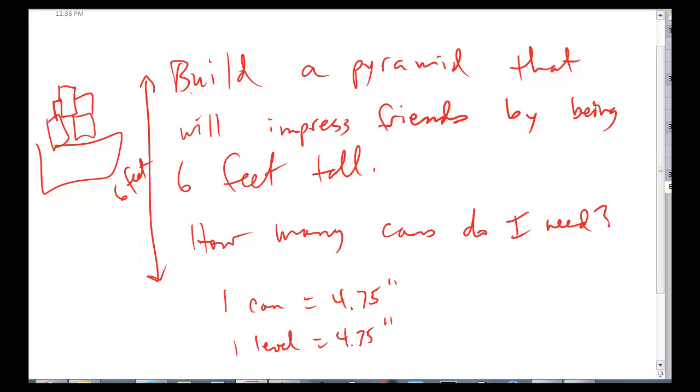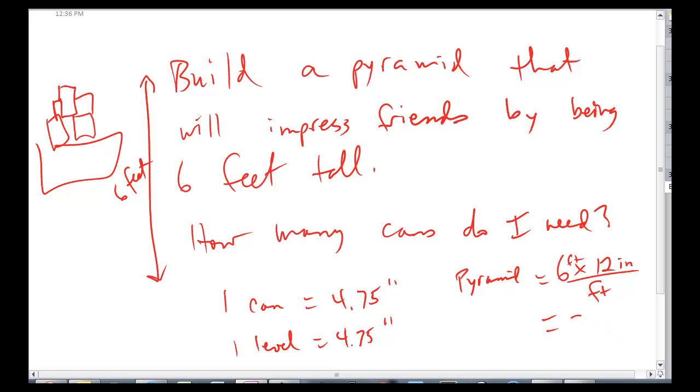If I'm 6 feet tall in my pyramid, how tall is that in inches? The pyramid equals 6 feet times 12 inches in a foot. So let's make this 6 feet times 12 inches in a foot equals 72 inches.